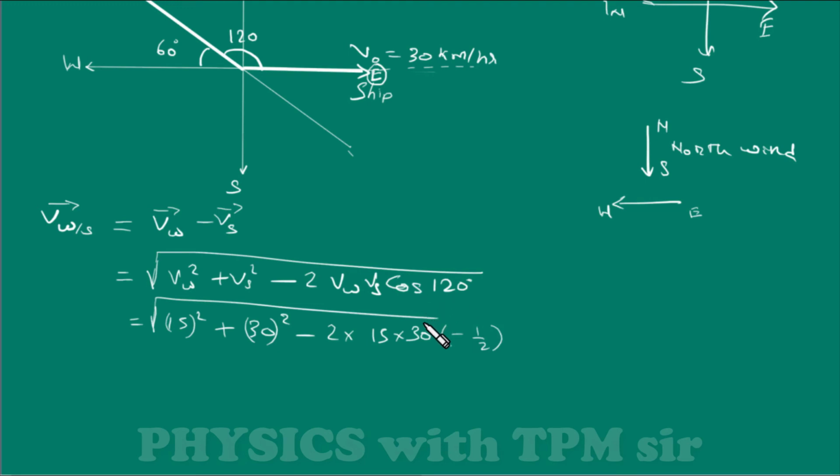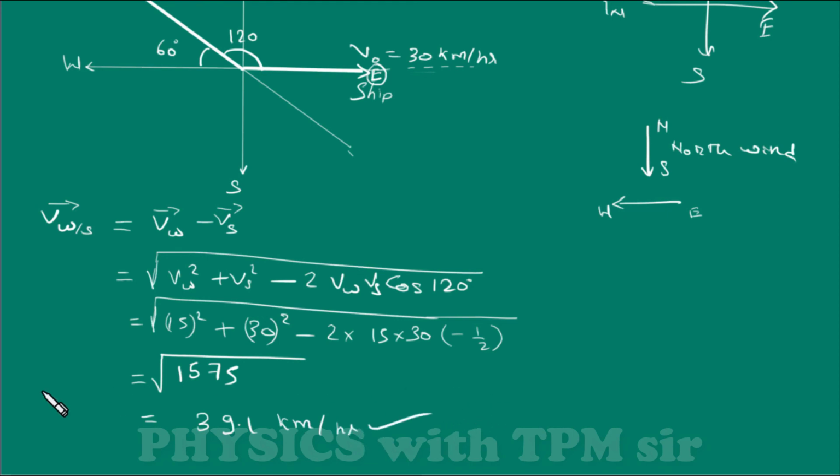The 120 angle lies in the second quadrant, and in the second quadrant cos is negative. So 15 square is 225 plus 900, plus that, minus and minus become plus. So 225 plus 900 plus 450, how much is it? 1575, and when we solve we will get 39.1 kilometer per hour. So this is how we solve this question.